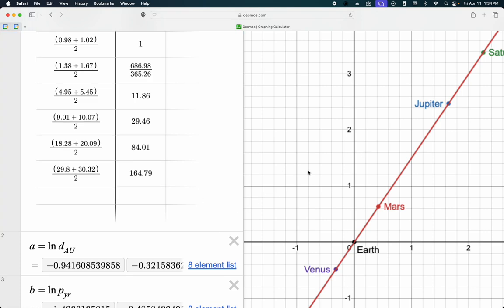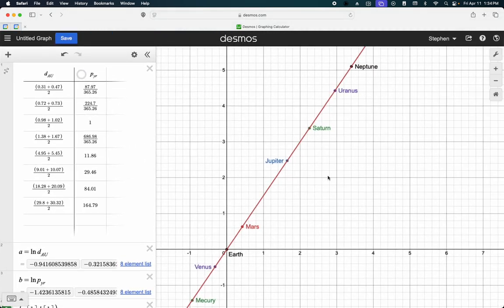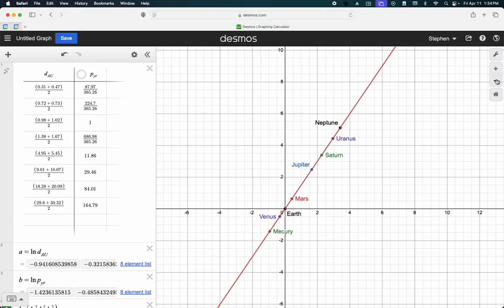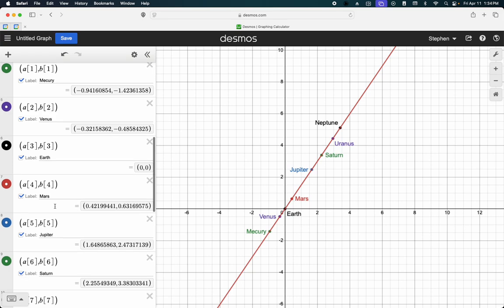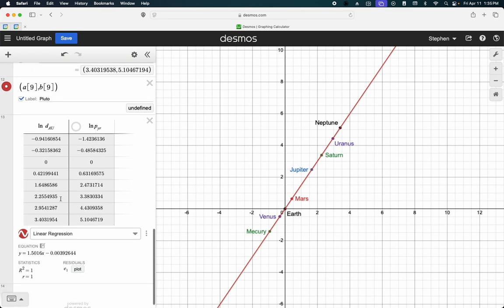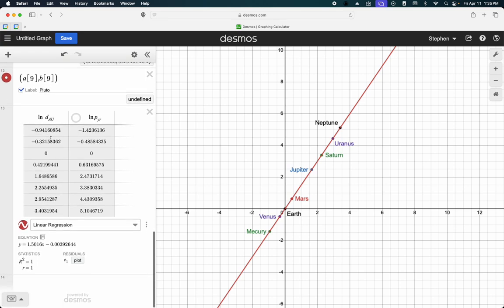And then the notation for Pluto went away because there's no a sub 9 anymore. It's undefined. It doesn't know what that is. So there's 1, 2, 3, 4, 5, 6, 7, 8. So this is okay.